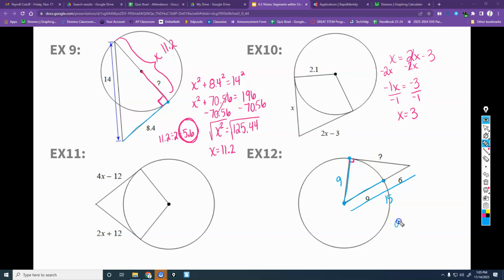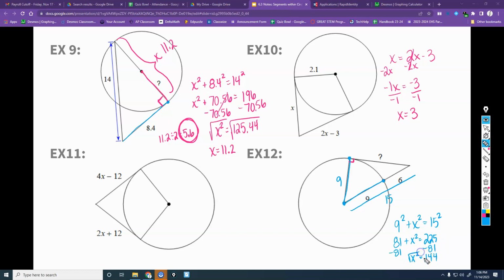So we would say 9 squared plus x squared equals 15 squared. And that'll be 81 plus x squared equals 225. We'll subtract 81. X squared will equal 144.